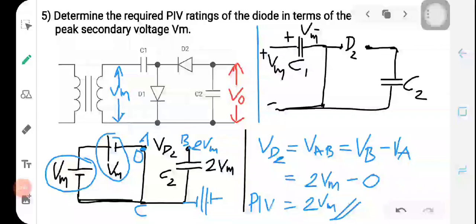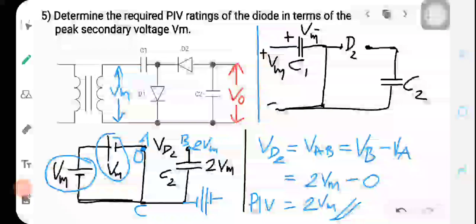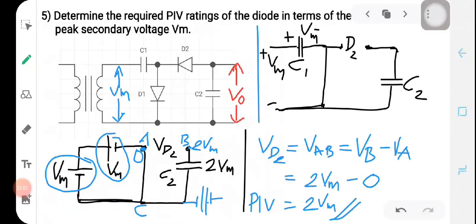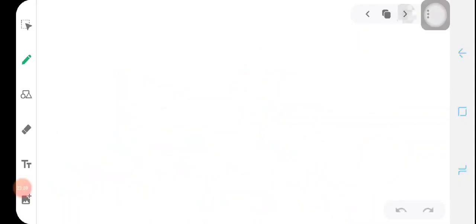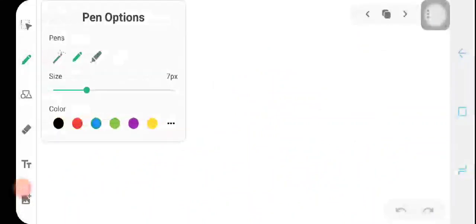Now to find the peak inverse voltage of the diode D1, consider the negative half cycle. During the negative half cycle, this diode D1 is reverse biased and diode D2 is forward biased. So let's redraw the circuit like this. We know that the capacitor during the positive half cycle is fully charged to Vm, so it can be represented like this.